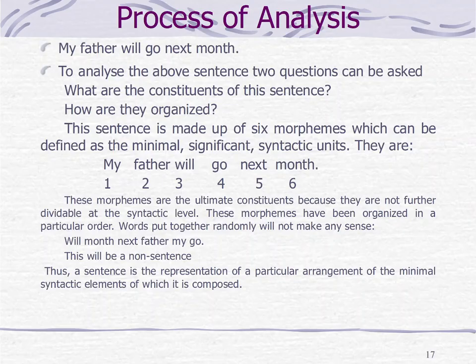Say for instance, if we say, "will month next father my go," it will become a non-sentence. So in other words, a sentence can be described as the representation of a particular arrangement of the minimal syntactic elements of which it is composed. The minimum syntactic elements are morphemes, and "of which it is composed" means they are the constituents.